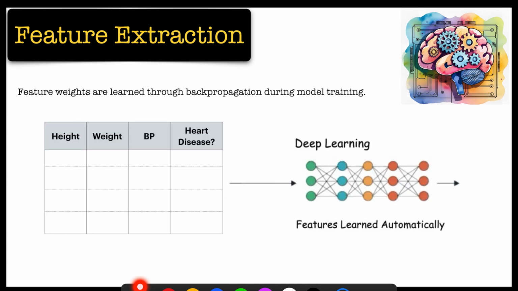Let's see this small example we already had here: height, weight, BP, heart disease. Earlier we calculated BMI manually. But here, we'll just pass this data to the deep learning network and it may extract better features than BMI. We don't know what exact features it will extract, but it will assign the weights.